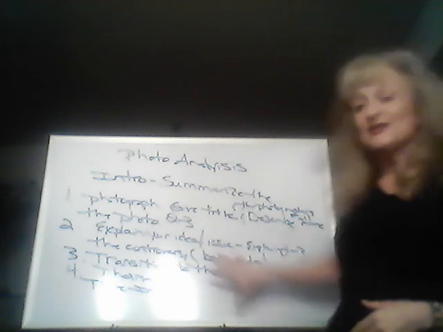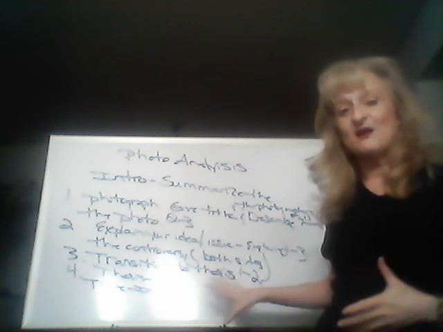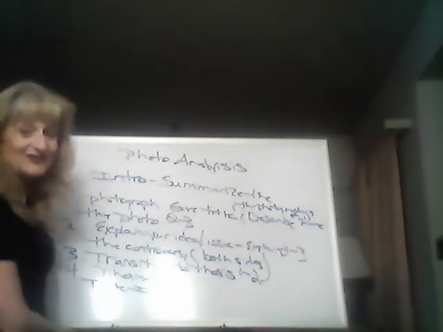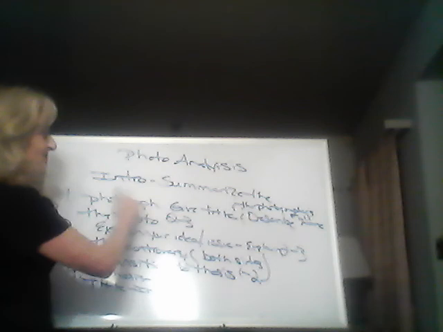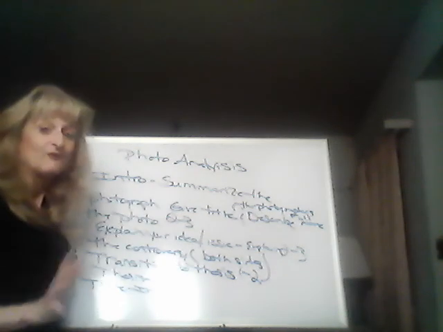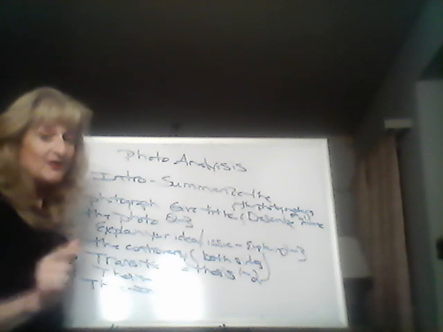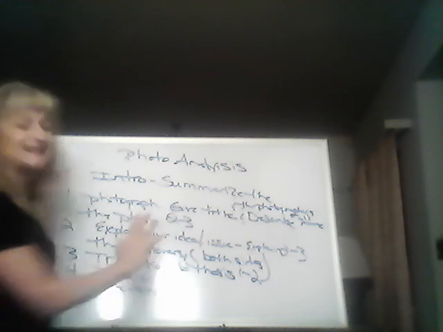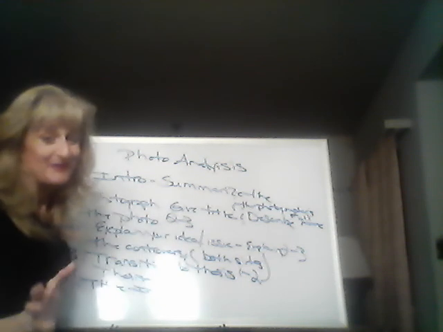So that's the intro, and then we're also going to talk about how to build the body paragraph. So again, I just want to reiterate, we're doing our layering still. So we're going to summarize the photo first, meaning describe it, give the title of the photo, give the photographer's full name, describe what you see, right, in the photo, especially as it pertains to your main point, right?